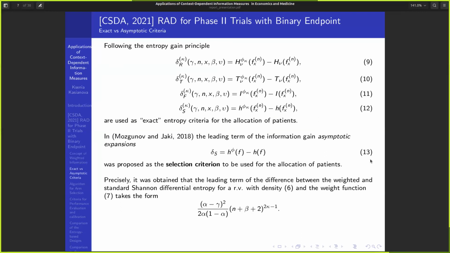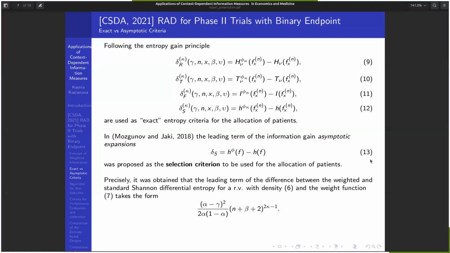The criteria can be the exact criteria, which is denoted as the difference between the weighted entropy and the normal entropy for the posterior function given before, which can be calculated for Renyi, Tsallis, Fisher, or Shannon entropy, formulas 9 to 12.